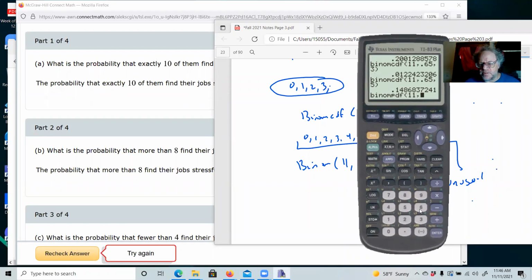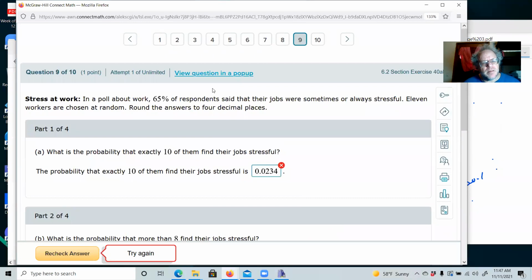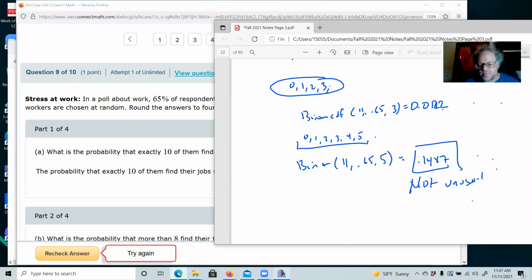We have 0.65, and then 10. Right. Okay, well, I don't know what I typed in then, but whatever it wasn't right.